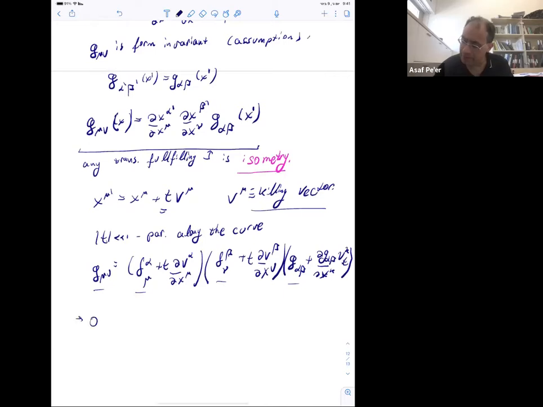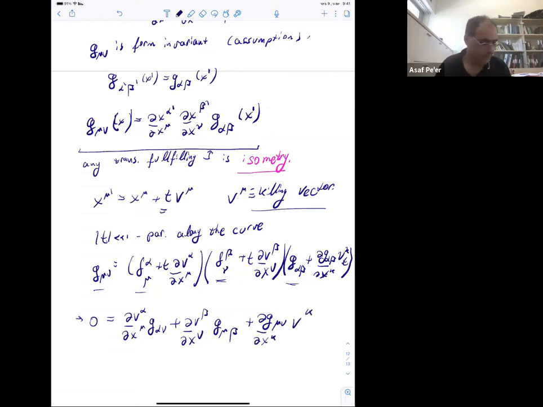We end up that 0 is equal to dv alpha over dx mu g alpha nu, plus dv beta over dx nu g mu beta, plus dg mu nu over dx kappa v kappa, plus order t squared, which we don't care about.